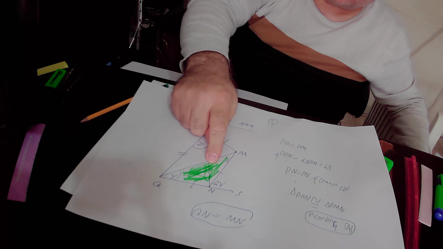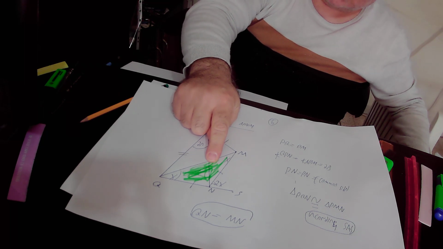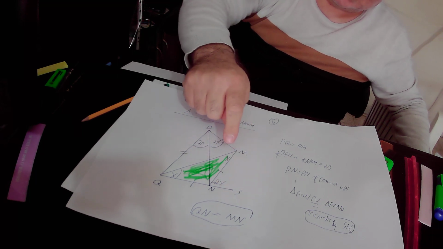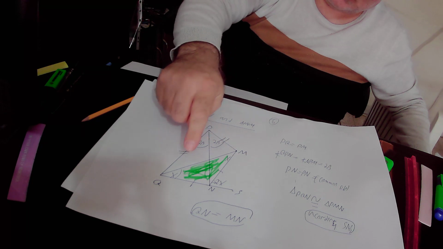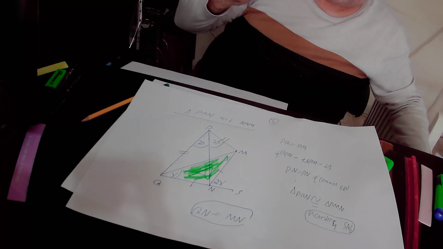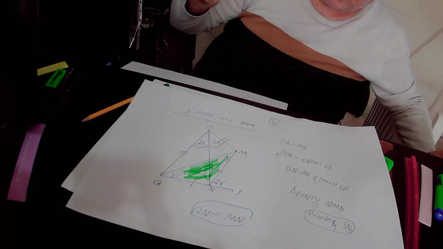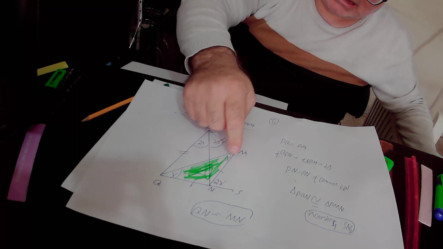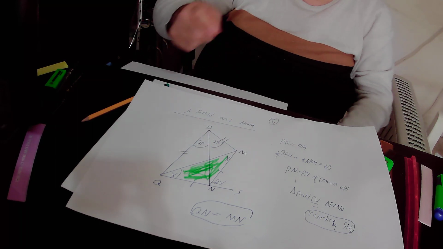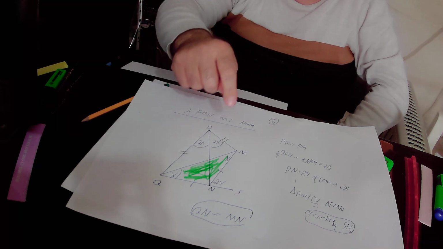And if we focus on the green triangle, then angle MNS is an exterior angle of the triangle MQN. And according to rule number 4, the value of the exterior angle MNS equals the sum of the two angles that are not adjacent to it.